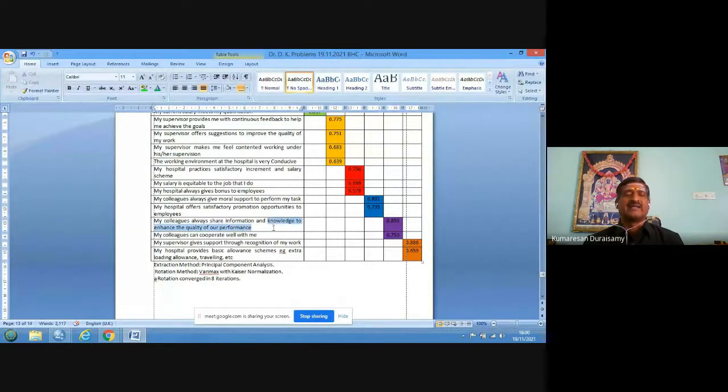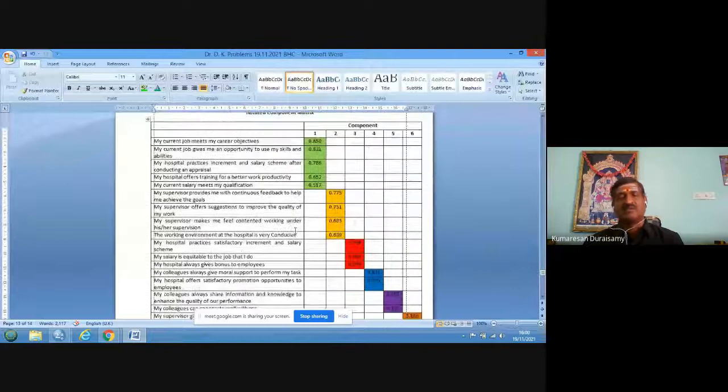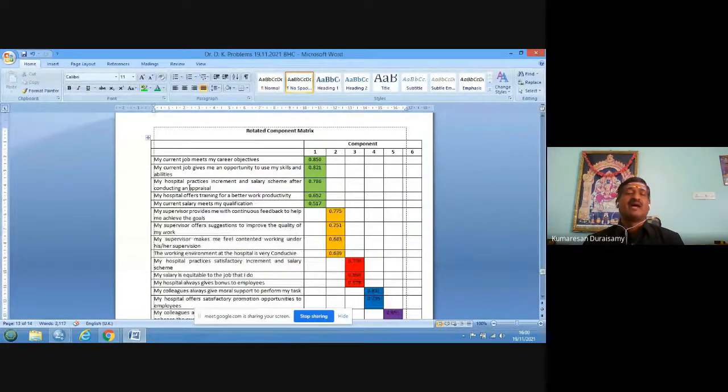So, colleague related factors. Then finally, the supervisor gives support, hospital provides basic allowance, so recognition oriented factors. Like that, we can give any name based on the uniformity or homogeneity of these factors.